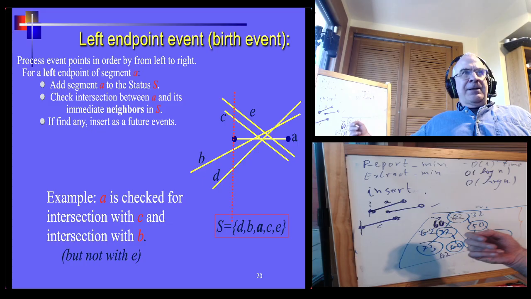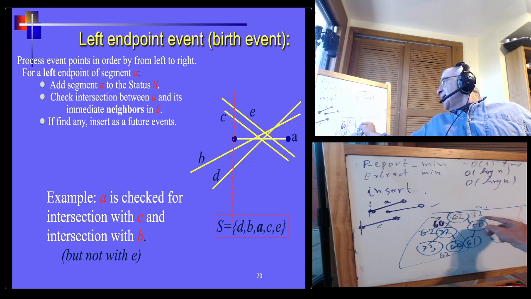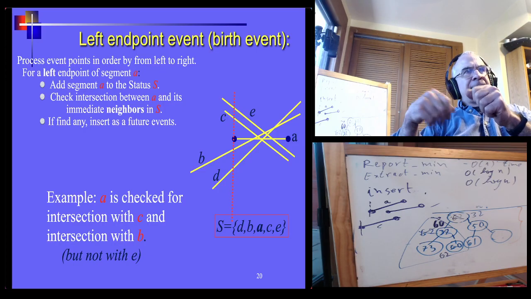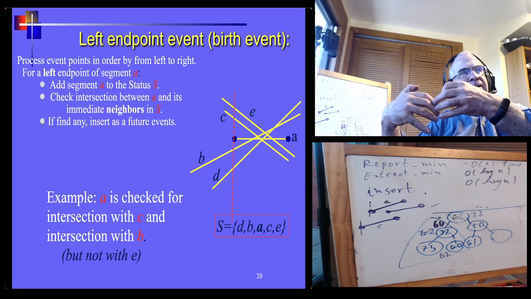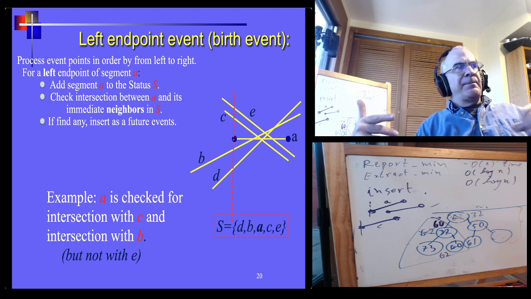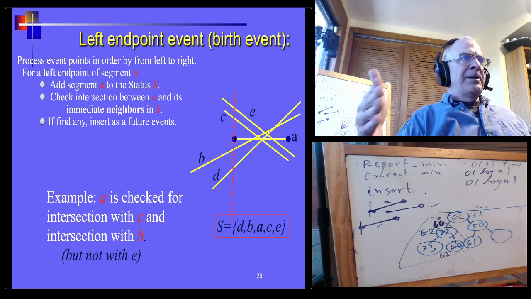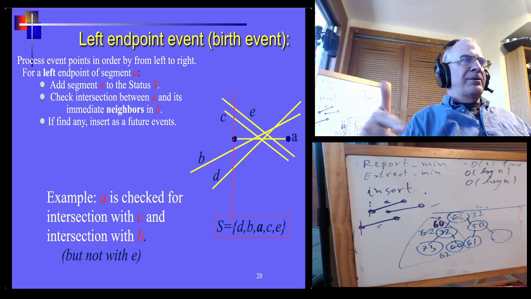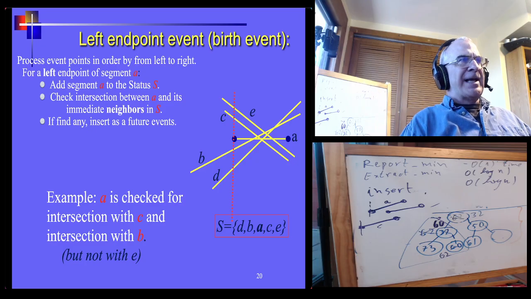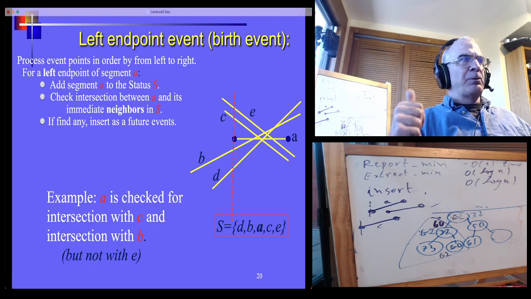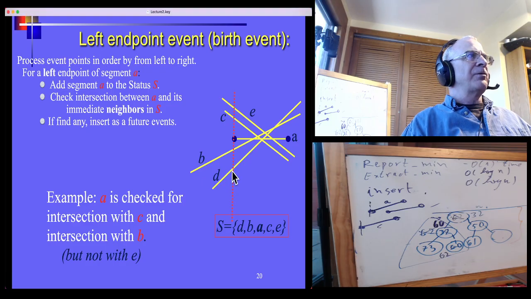The key, like 32, is the X value, but associated with it is auxiliary data that says what type of event this is: a birth event, a death event, or a crossing event, and if it's a crossing event, between which segments. So every key that you see behind me is associated with the segments that are involved.